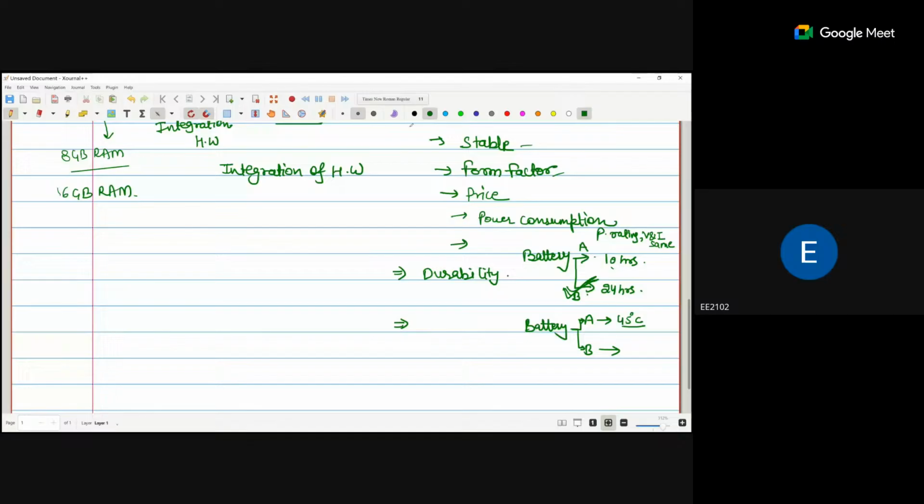But B will operate till 24 hours, but because of that, the temperature will rise up to 85 degrees. Now, which one is more durable? Battery more stable? Battery A. Why?